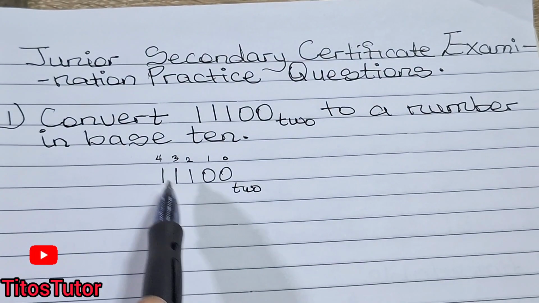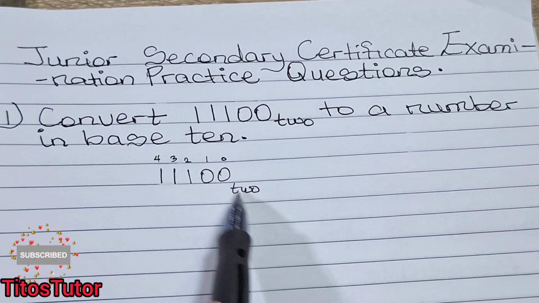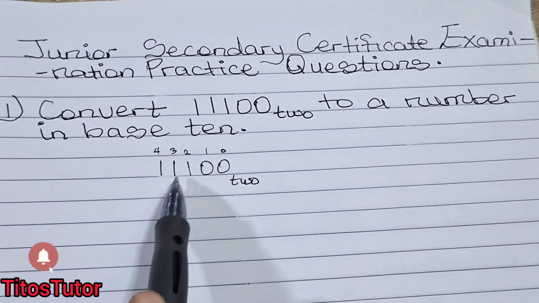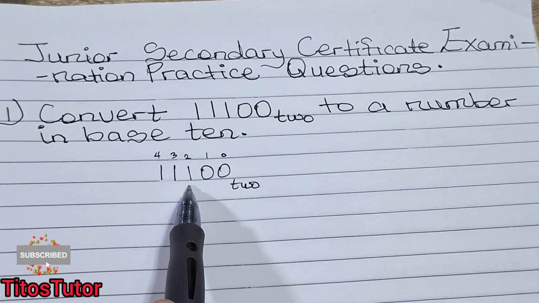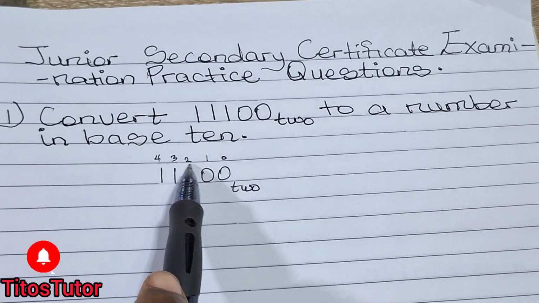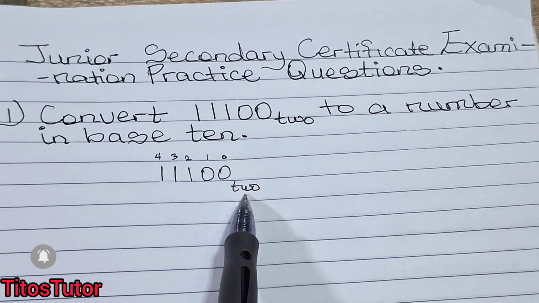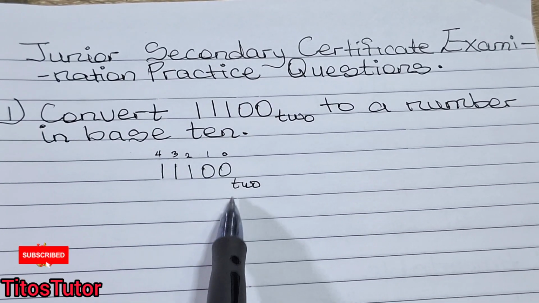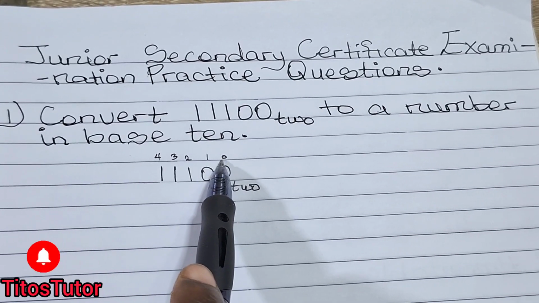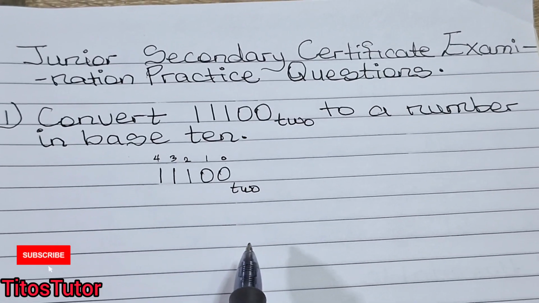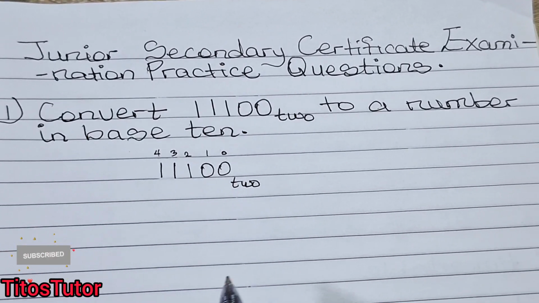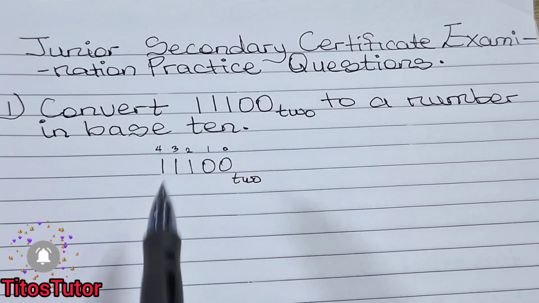So that means I'm going to do 1 times 2 raised to the power of 4 plus 1 times 2 raised to the power of 3 plus 1 times 2 raised to the power of 2 plus 0 times 2 raised to the power of 1 plus 0 times 2 raised to the power of 0. Once I do that and I solve it, I'll get an answer that is in base 10.